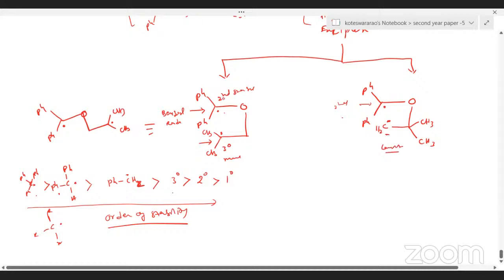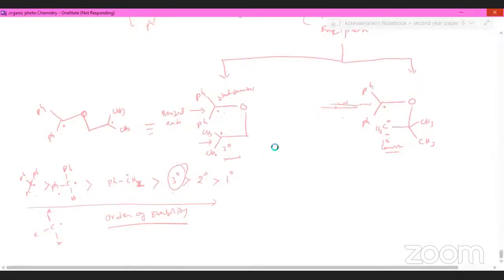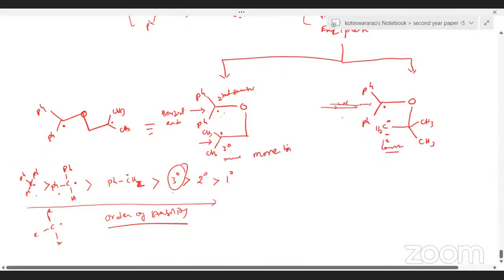When comparing both, this cancels out when we are recognizing stabilities. But compare these two. This is the primary radical, and this is the tertiary radical. Which one is more stable? Automatically, the tertiary radical is more stable. Therefore, the biradical system containing the tertiary radical is more stable than the one with the primary radical. Therefore, it is the more stable biradical.